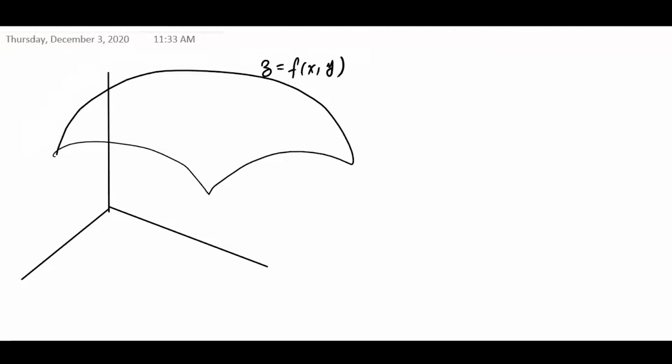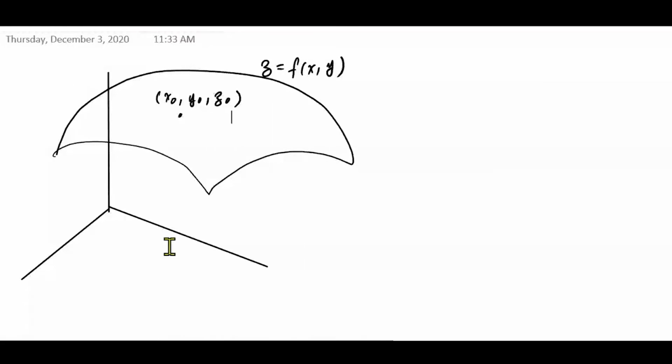Now, say we have a point right there, and that point is x naught, y naught, z naught. Now we have to take a derivative, meaning the slope. Slope in what direction?